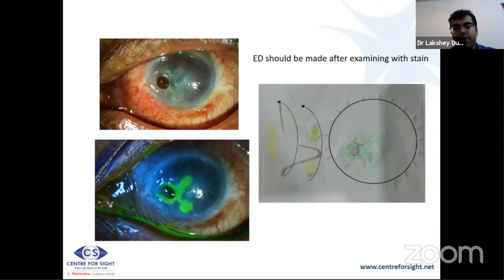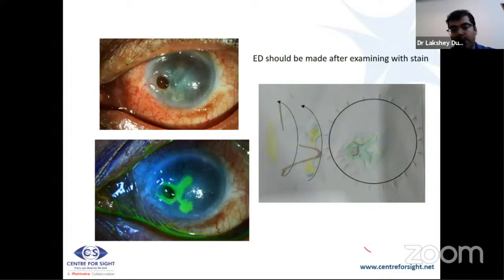Perforated corneal ulcer, again similar things, circumciliary congestion, epithelial defect, stromal infiltrate. So I want to highlight here, epithelial defect should be made after examining with the stain. You first draw the stromal infiltrate, stain, and then see and draw the epithelial defect.